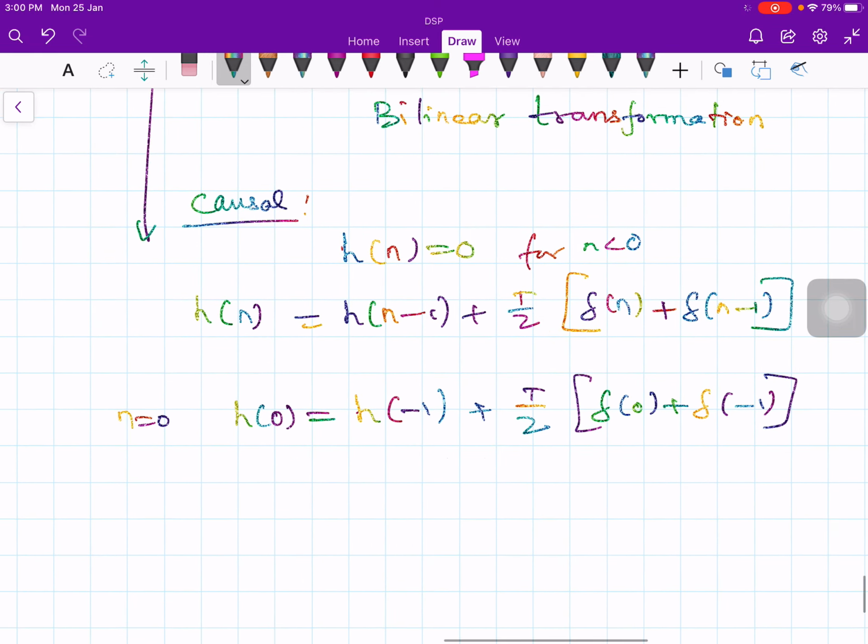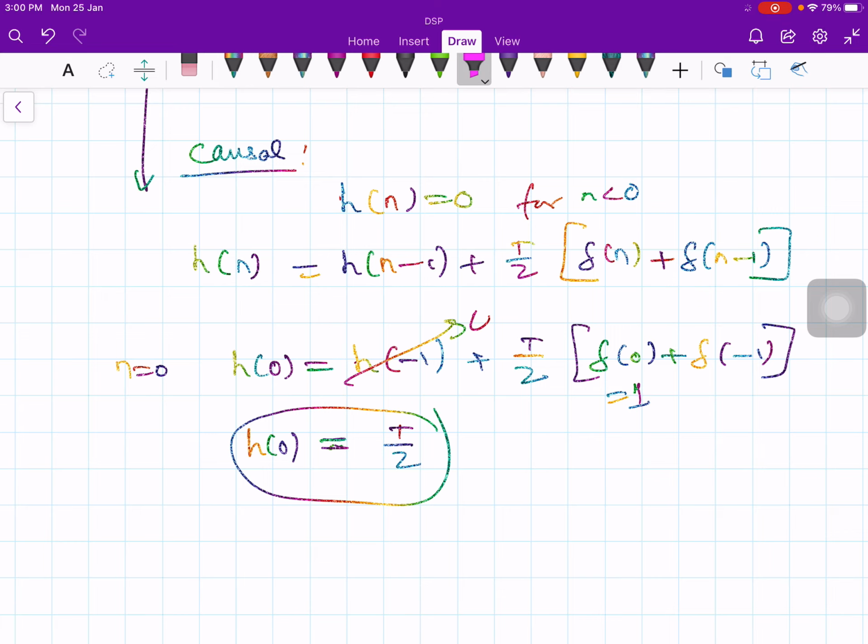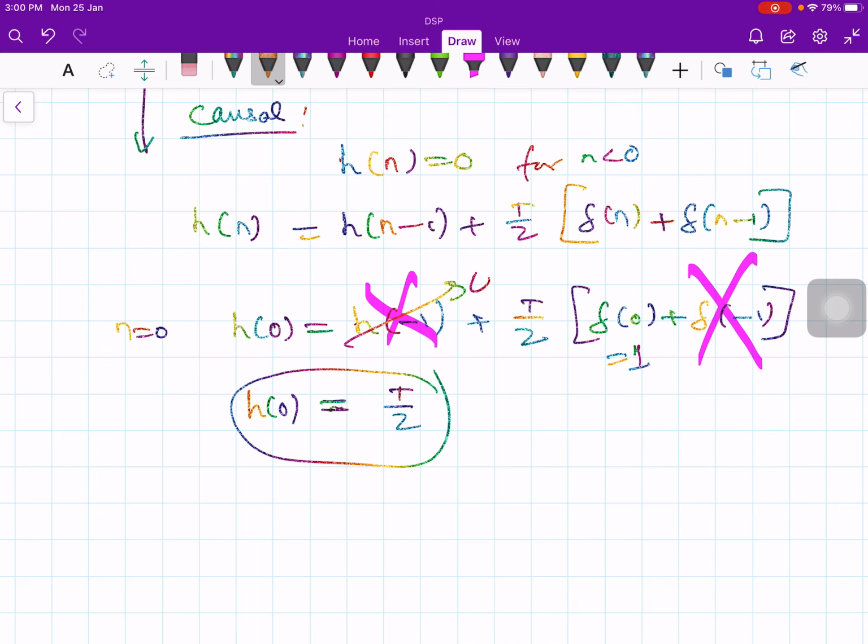Delta of minus 1 is 0, delta of 0 is 1, and h of minus 1 is 0 because it is causal. Therefore, h of 0 is T by 2. This is my h of 0. The other terms disappear. Keep computing like this.